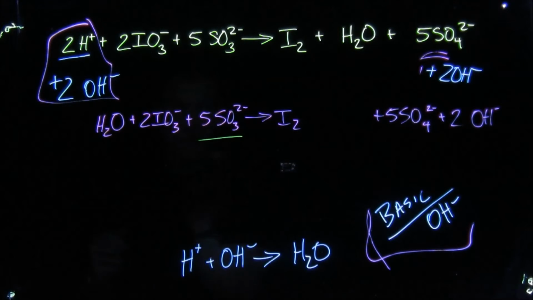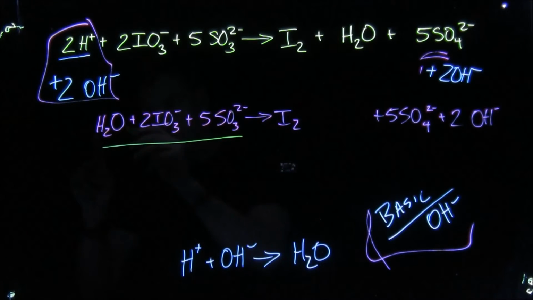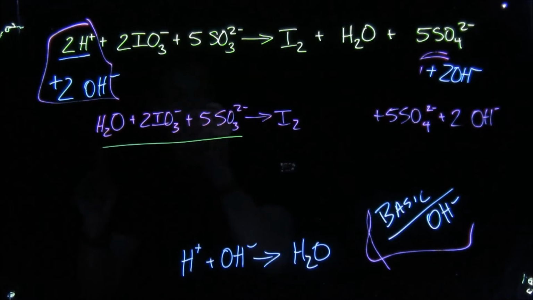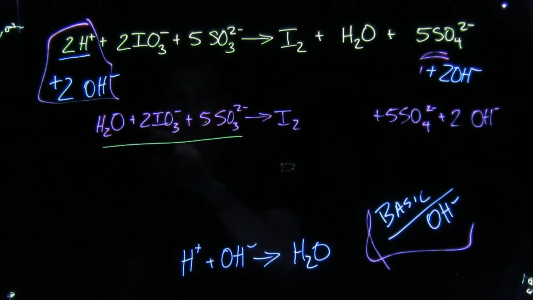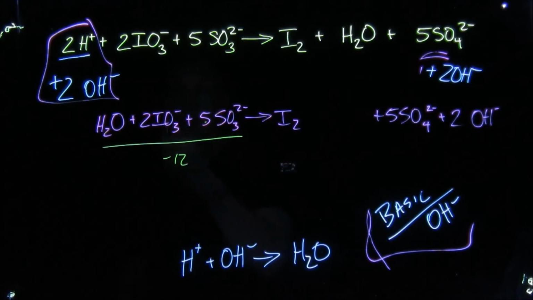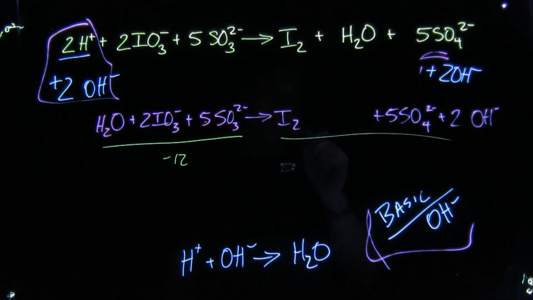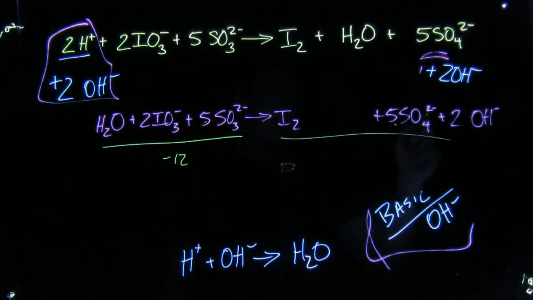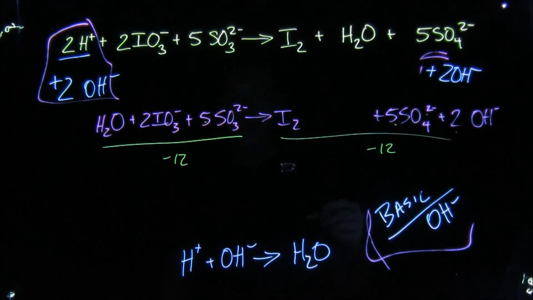So right now this side of the equation would have, let's see, 0 and -2 and 5 -2s, so that's -12 on this side: 5 -2s is -10, -1, for -12. This side you got neutral iodine, you got 5 -2s and 2 -1s, so that's also -12. So charge is the same on both sides.